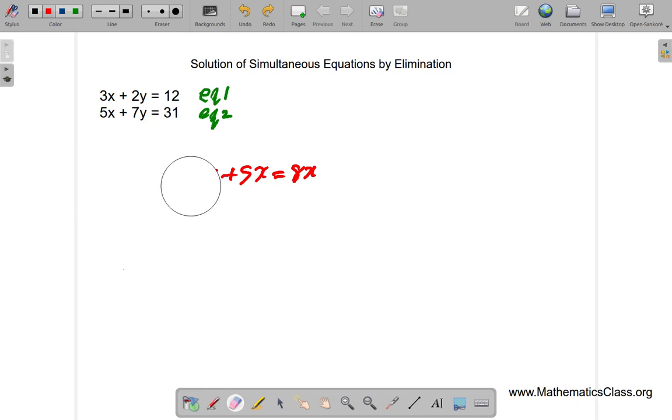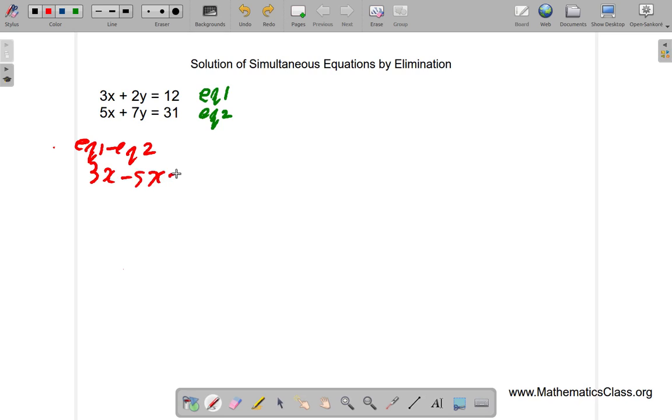So let's try eliminating x by subtracting these equations. Equation 1 minus equation 2: 3x minus 5x gives you negative 2x. Okay, we cannot eliminate x by adding or subtracting the equations.